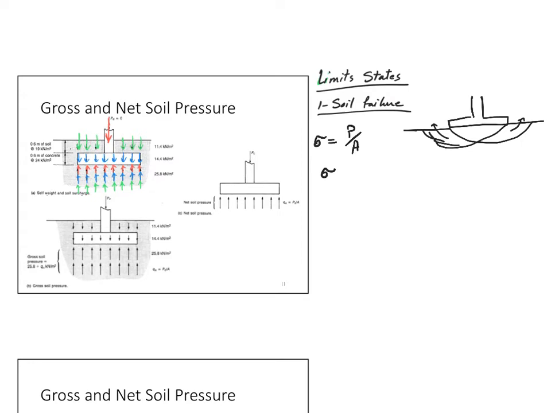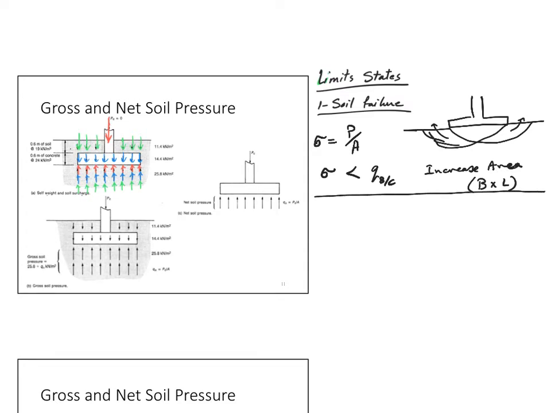Is to have stress that is smaller than our Q bearing capacity, right? And to do this, you can simply say that I will increase my area, right? So increase B or L or both. Very simple. This is the very first limit state, that you would like to have your area of the footing big enough to have a stress less than your bearing capacity of the soil.